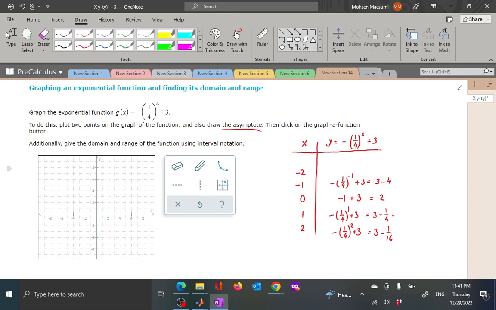Let me write this one the same way so that you see a similar pattern among all of them. 3 minus 1. Of course, this is going to be -1 if you want to simplify. -1, -2. This is going to be plus 2.